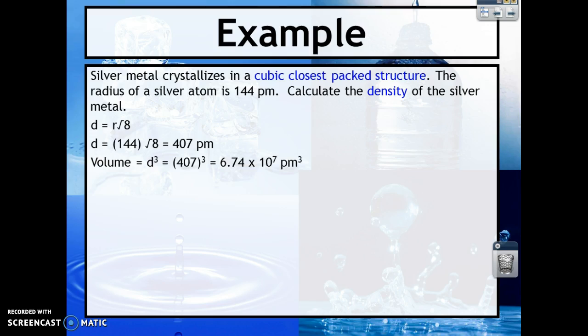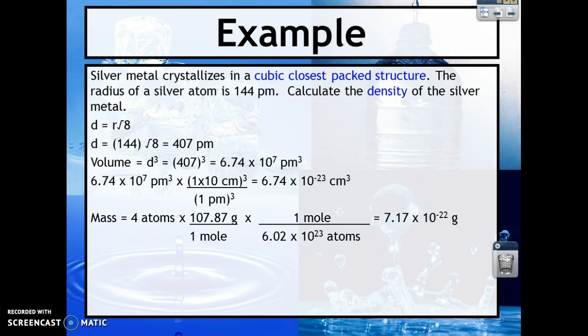We're trying to solve for d, and then we have to cube d because it's a cube, and converted our picometers over to centimeters. And then we converted it all to mass because it said it was silver. So we went from the number of atoms in it to the number of grams to the number of moles in order to get out grams.